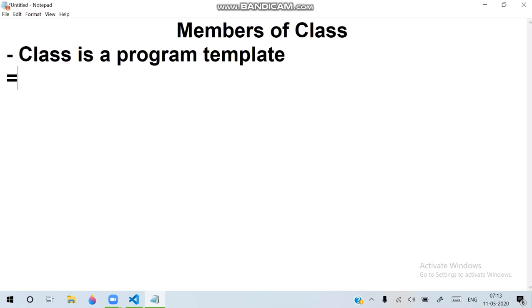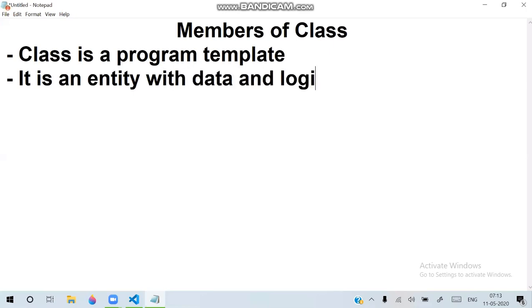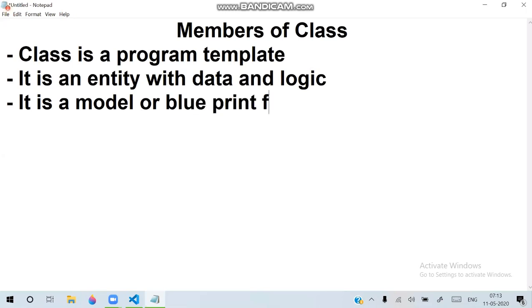It is an entity with data and logic. It is a model or blueprint for creating objects. These are all the basic points we generally talk about a class.